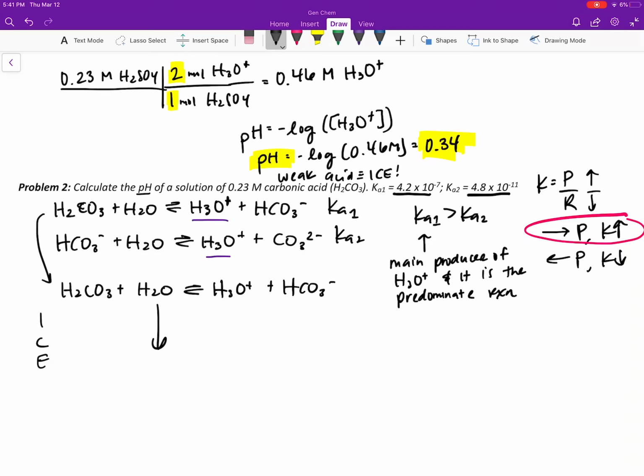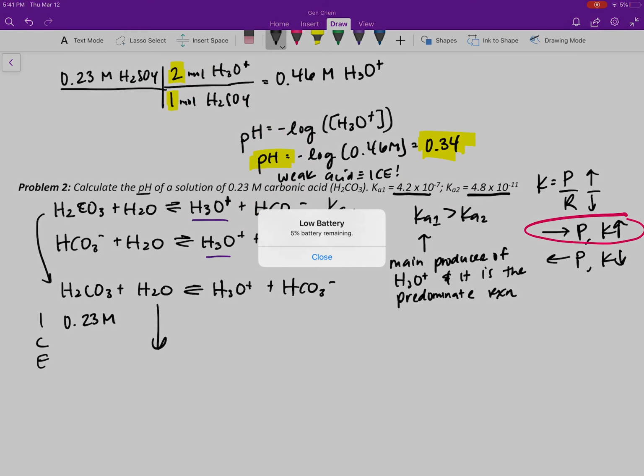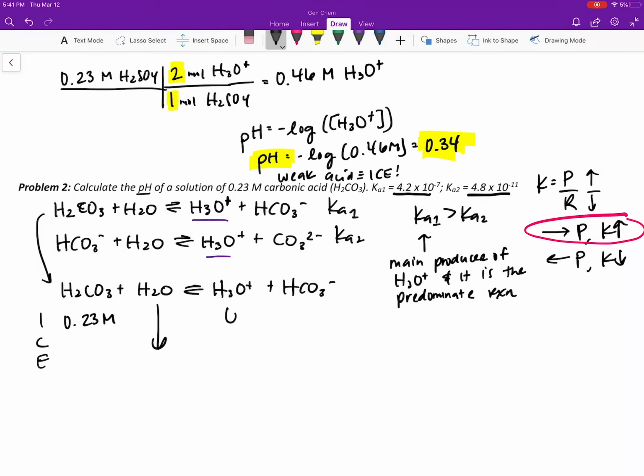Well, then I would be working with Ka2 at this point and not Ka1. So I know that my initial concentration of carbonic acid is 0.23. I'm starting off with 0 of my others. My reaction, just like the other ones, is going to proceed to the right to produce my products and consume my reactants.